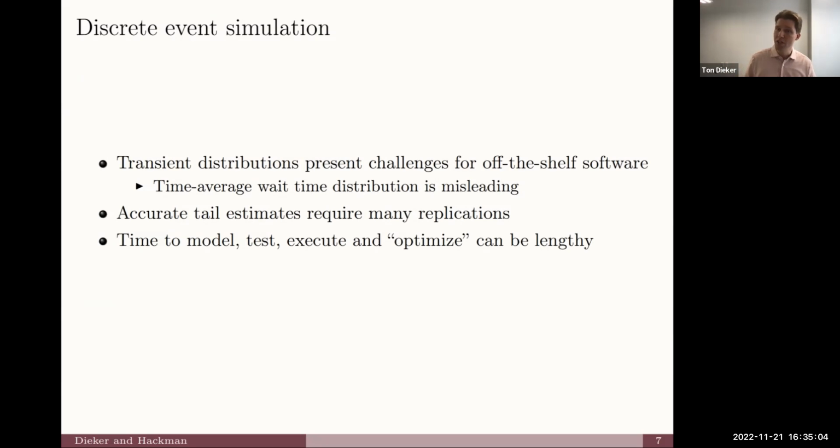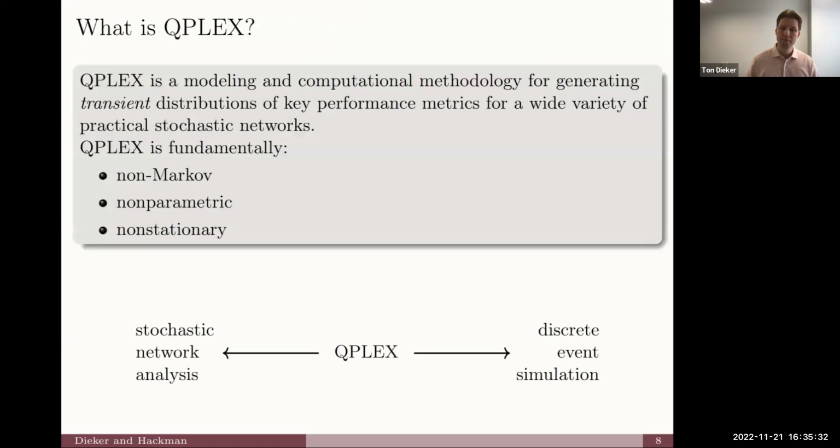Moreover, because you're interested in tail probabilities, you need a decent number of simulation replications, and because you need to search over a pretty large space and possibly redo this in many different scenarios, it all starts to add up. And the effort required for modeling, testing, executing, optimizing actually can be quite substantial.